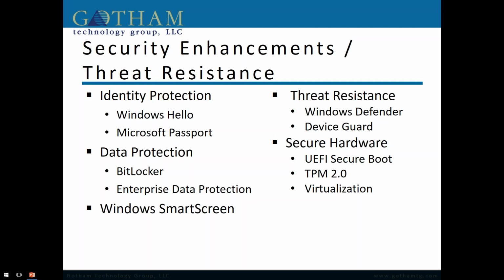So identity protection. A whole new authentication mechanism is being introduced here. Basically, since day one of networks, we're used to pumping in a username and password. Not very secure. So this new authentication mechanism allows us now to use stuff like fingerprints and facial recognition, retinal scans.